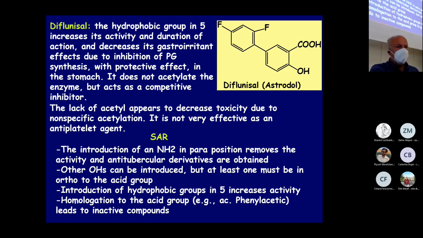So we have another type of effect. However, the OH group in ortho position can be replaced by an amino group, and we'll see this modification in the next class.